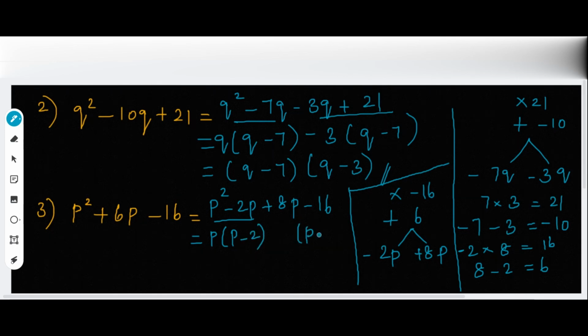You just copy down p minus 2, and here plus 8 is there. So check 8p minus 16. The common factors are p minus 2 and p plus 8. Multiply both terms and you will get the question again, then your answer will be correct. So in this way you have to find the sum of the roots and the product of the roots, students. Got it? Thank you.